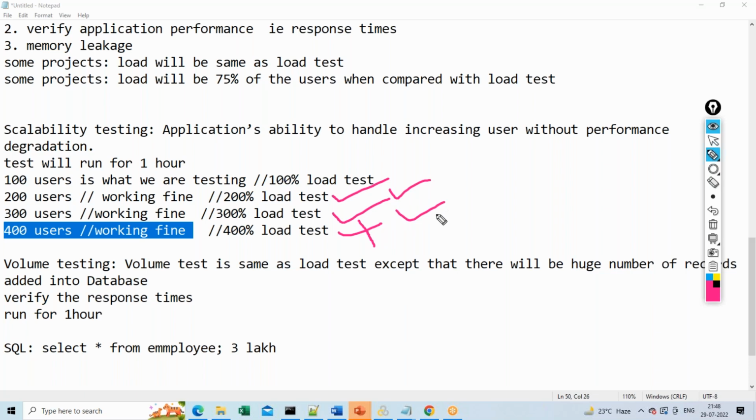Will you be able to tell? No, right? So that's the reason we will not go directly with bigger numbers. We will gradually increase.